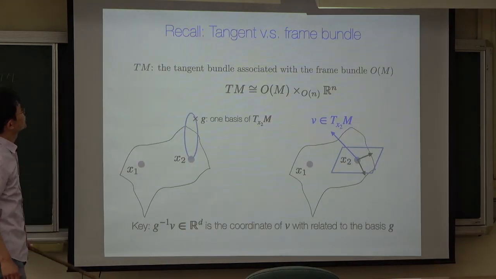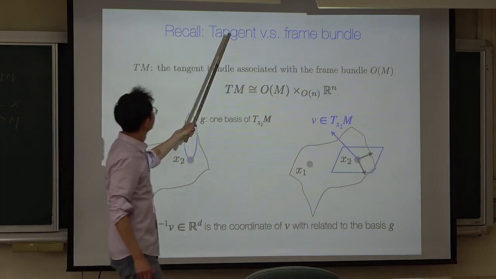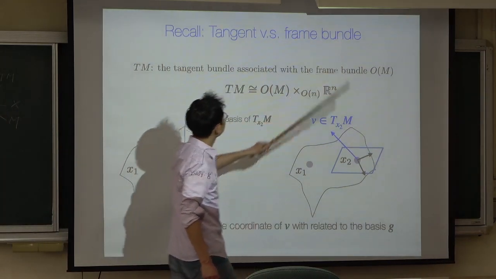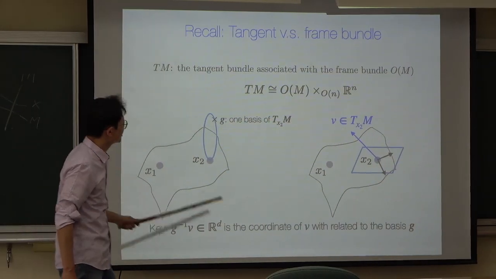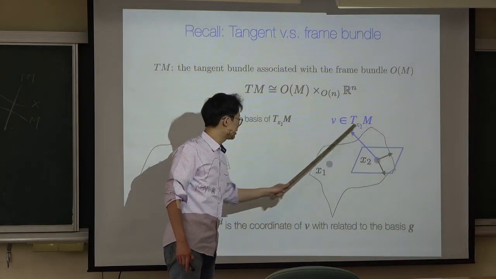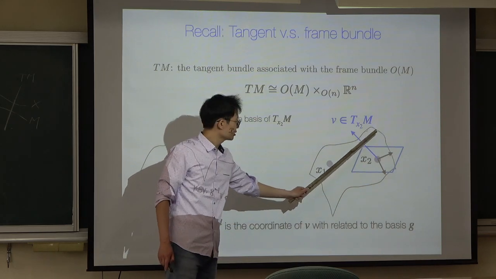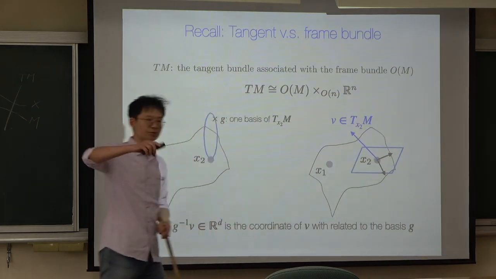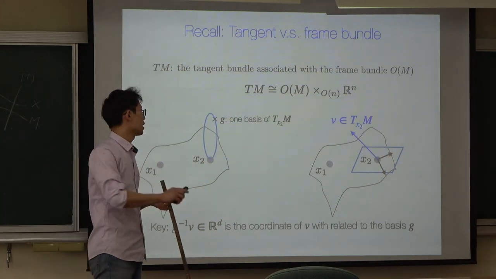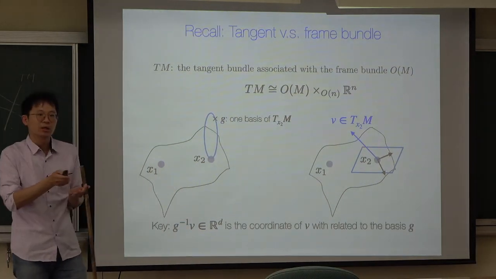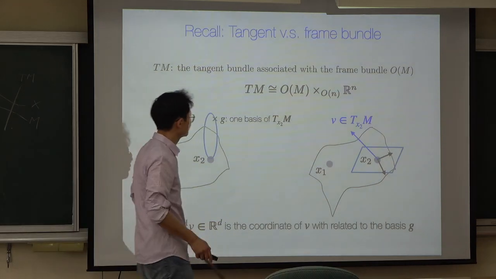Okay, so a very quick recall about what tangent bundle or frame bundle are. So tangent bundle, intuitively you can think that for a manifold as a geometrical object, at each point you attach a vector space that describes how you change from one point to another.